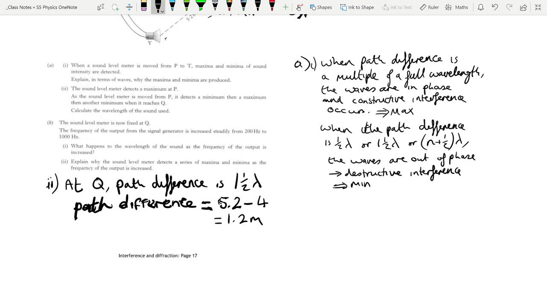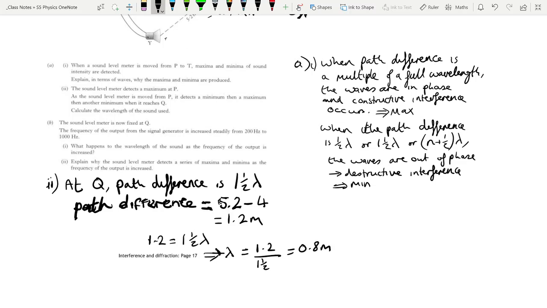So we know the path difference is 1.5 wavelengths, and we also know the path difference is 1.2. So 1.2 is 1.5 wavelengths. So 1 wavelength would be 1.2 divided by 1.5, which comes to 0.8 meters. Okay.